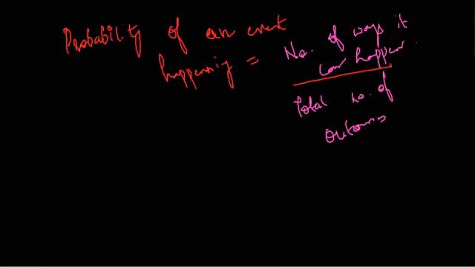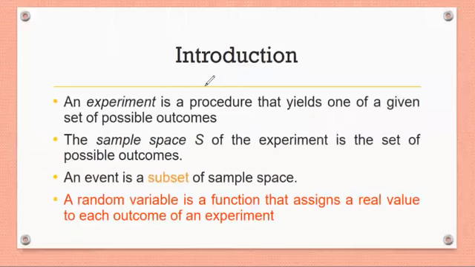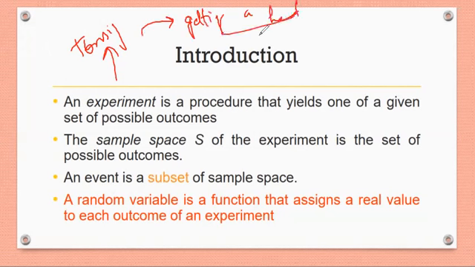Before that, let's see a few of the definitions. An experiment is a procedure that yields one of a given set of possible outcomes. So tossing a coin is an experiment, and getting a head is the event. If you are selecting this as your probability to find out whether a head occurs, then it is an event, while both the results, head and tails, are outcomes.